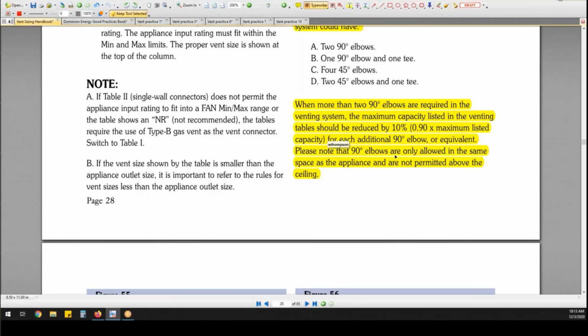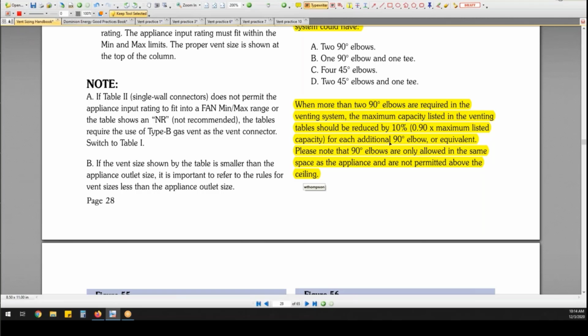Please note that 90-degree elbows are only allowed in the same space as the appliance and are not permitted above the ceiling. Your main vent, your main common stack, can never have a 90-degree elbow in it. 90s are only allowed in the connectors, okay?